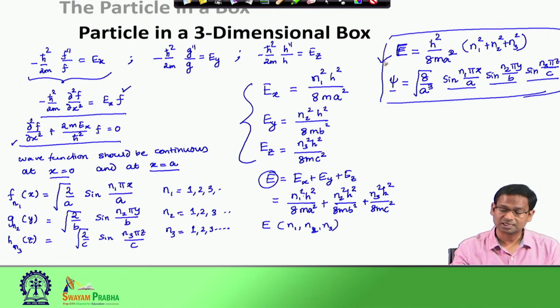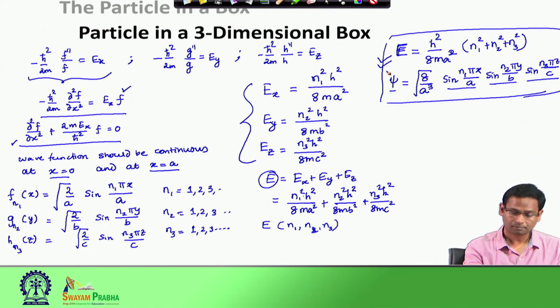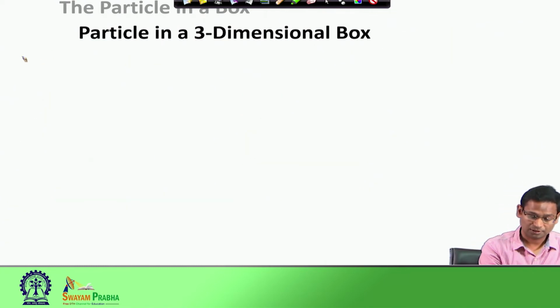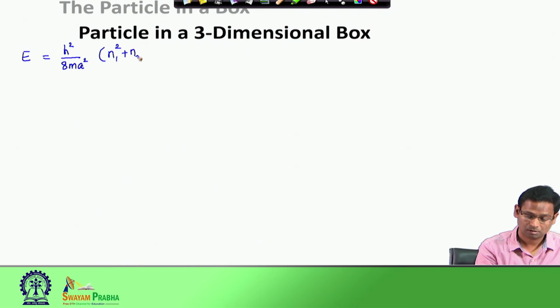We will use this expression and learn something about the energy levels of a particle in a 3-dimensional box next. Just to refresh your memory, our total energy E had n1, n2, n3 as 3 independent variables.